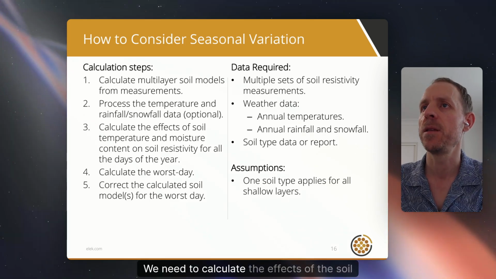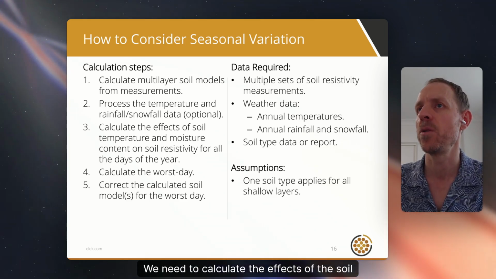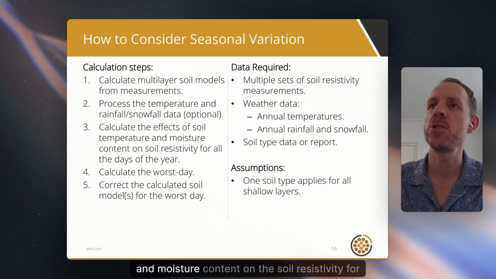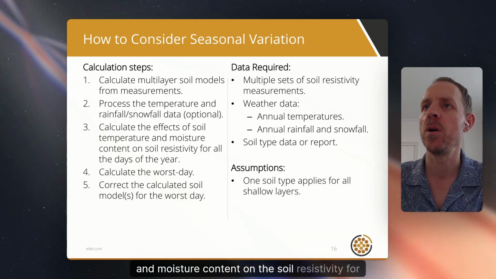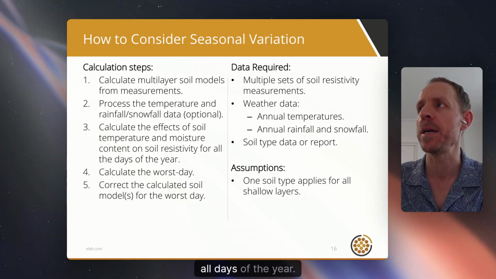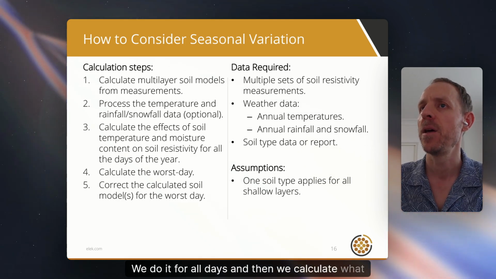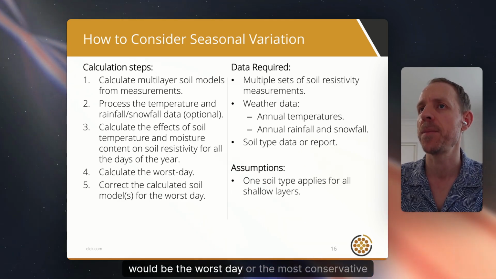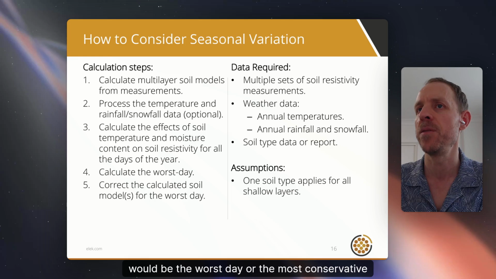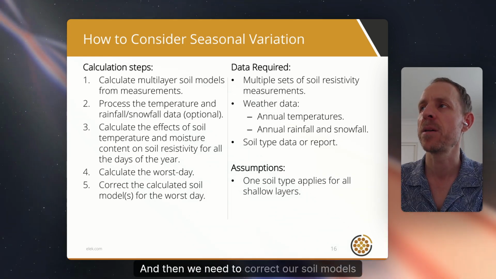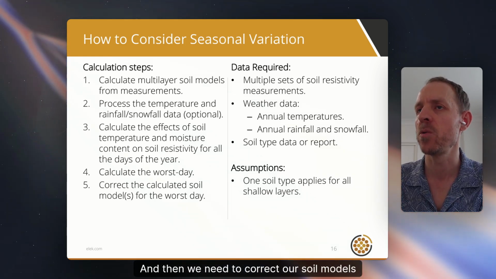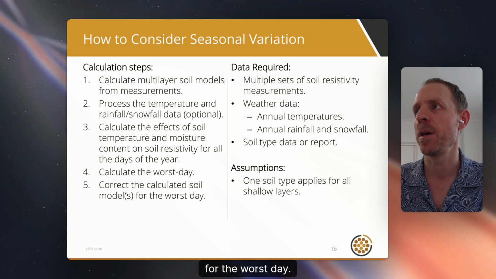We need to calculate the effects of the soil temperature and moisture content on the soil resistivity for all days of the year. We do it for all days. And then we calculate what would be the worst day or the most conservative day. And then we need to correct our soil models for the worst day.